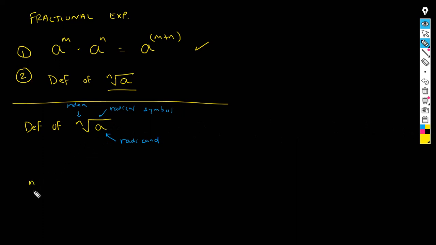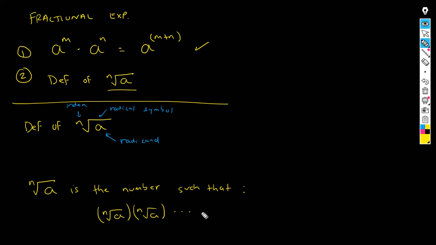The nth root of a is the number such that, colon, when you multiply it by itself n times, that is as many times as the index is telling you, what you get in the end is a.